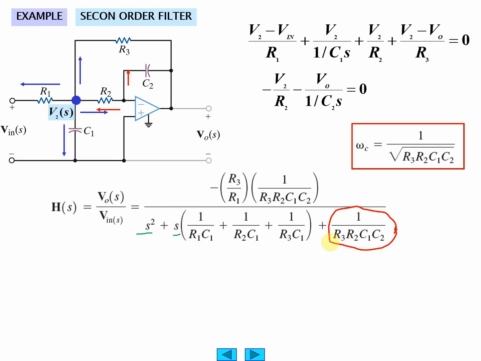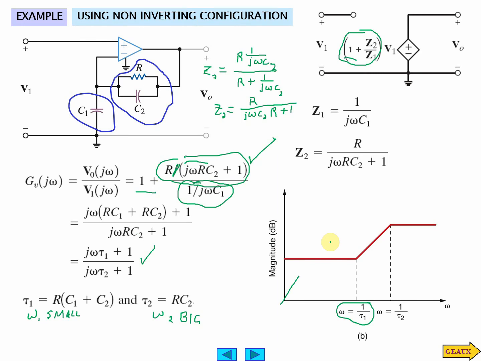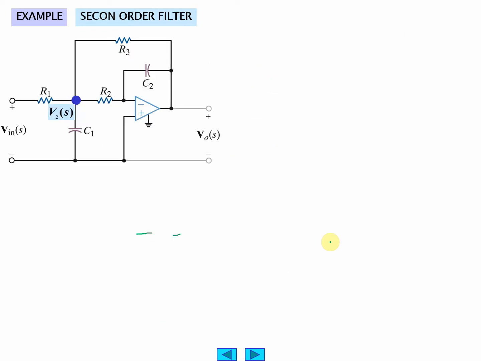The previous ones were like an RC circuit. So those are first order, like a regular high pass or a low pass filter. So that acts like this.